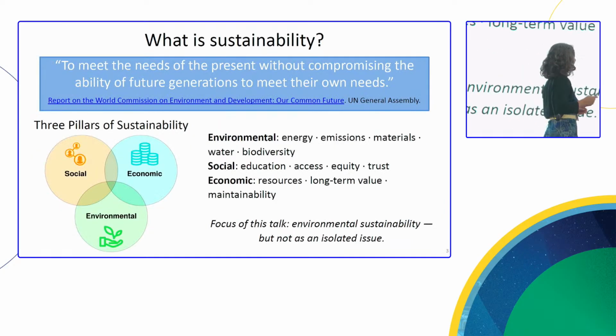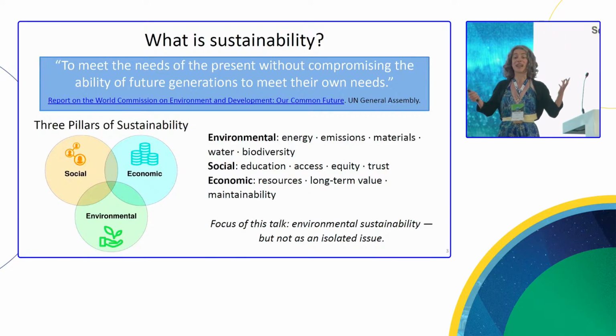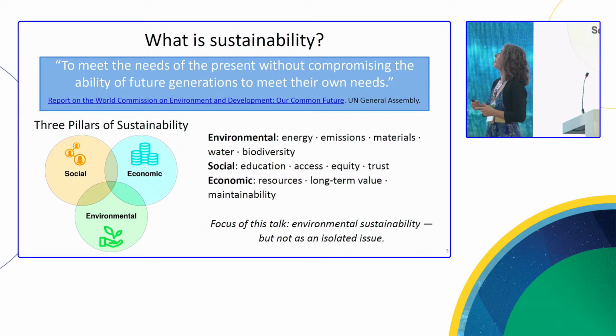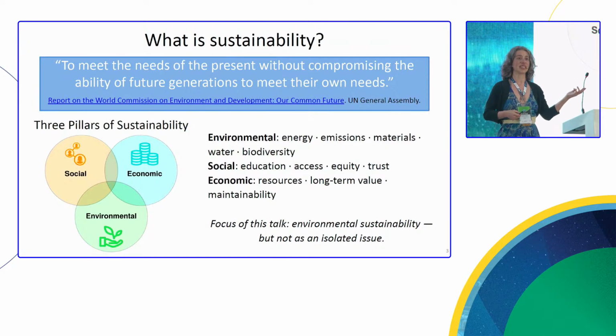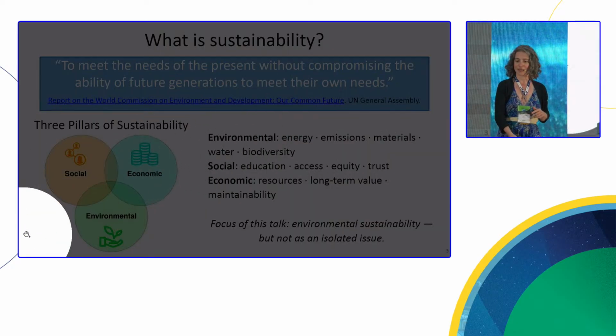Okay, but let me take a step back and define sustainability. I like this definition from the UN, which says it is to meet the needs of the present without compromising the ability of future generations to meet their own needs. And we often talk about three pillars of sustainability.